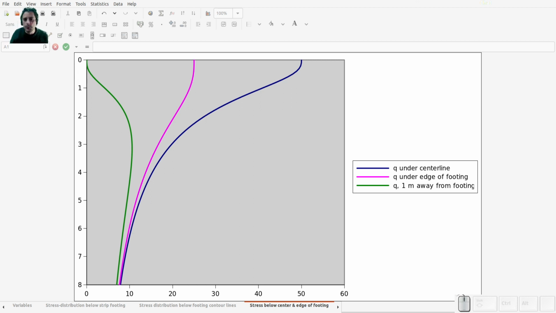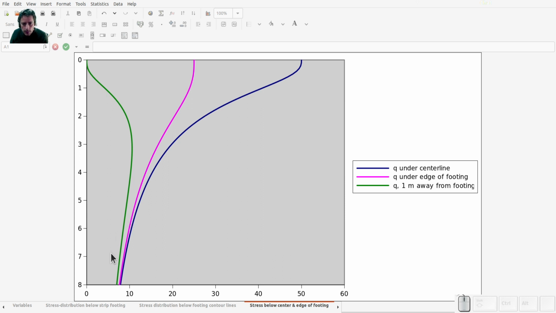Most likely we'll use the center because that's where the largest amount of excess pore pressure is present at the beginning. But you can see its variation: the pink line is the edge, and the green line is, I believe, a meter away from the footing. So just to give you an idea of what the stress distribution is with depth.